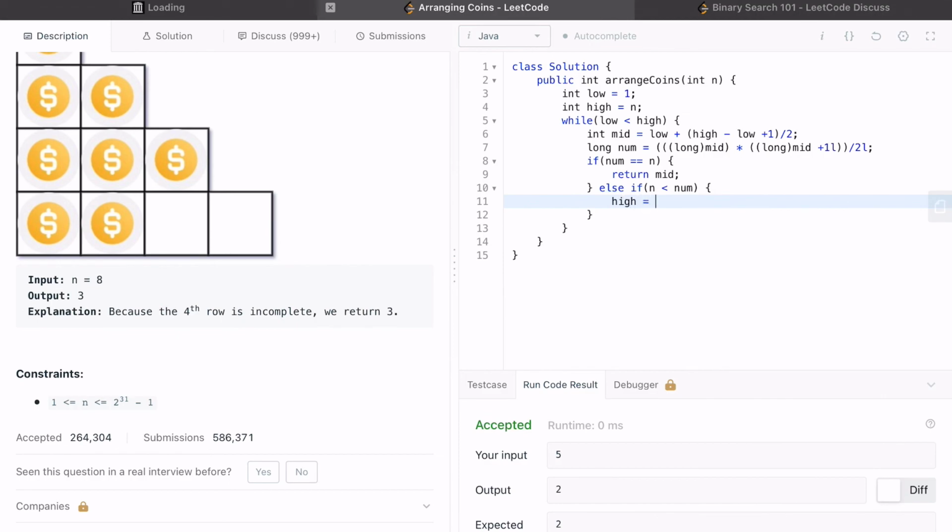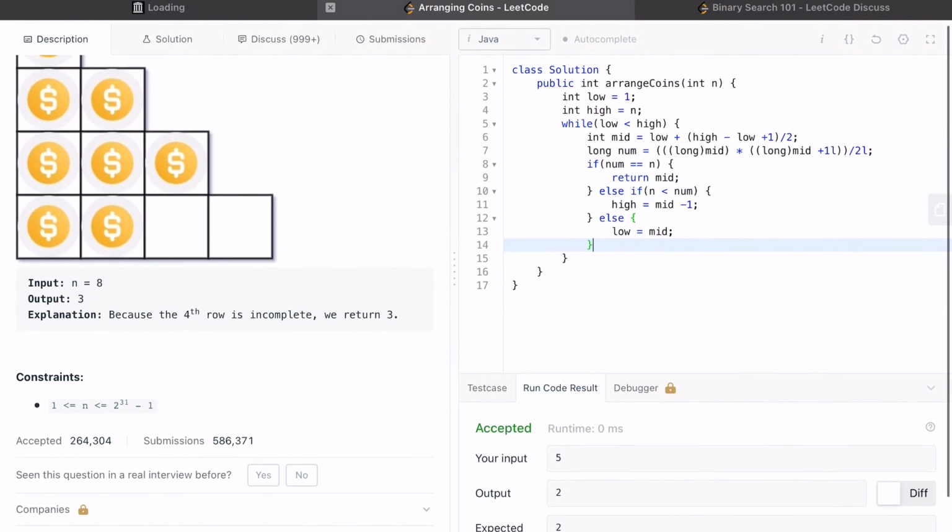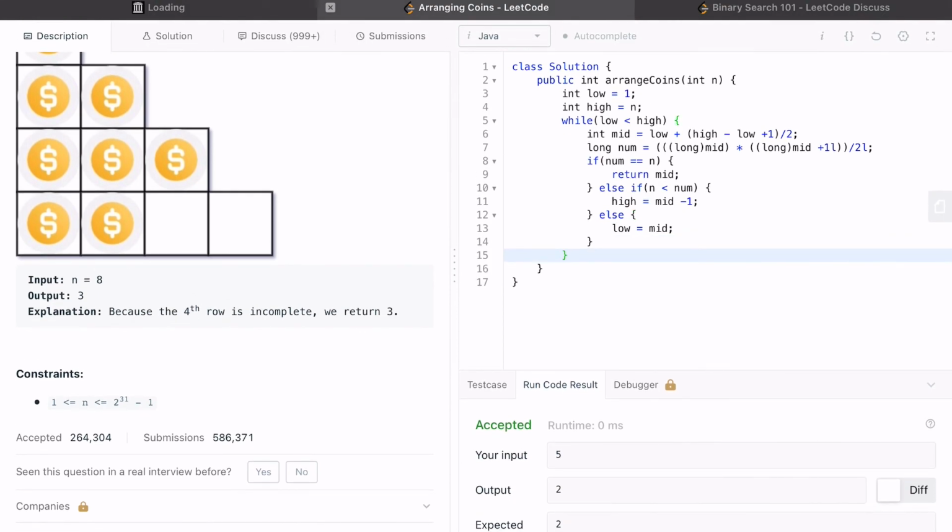So high is equal to mid minus 1, else we search on the right side. Once this condition low less than high is not met, we are done with our search. We can simply return the lower value.